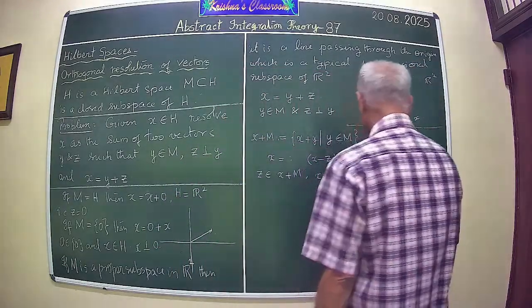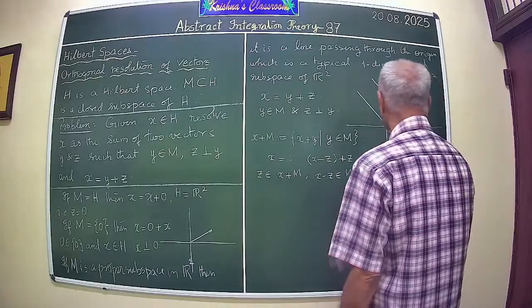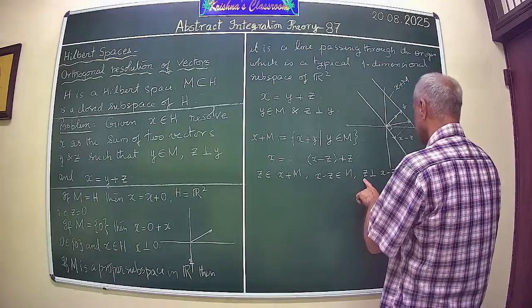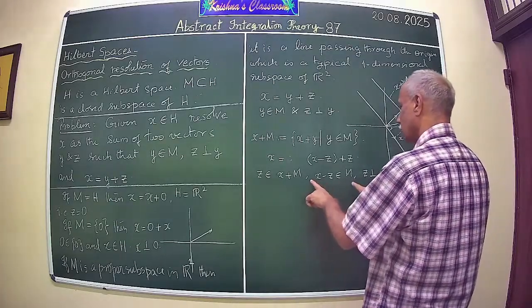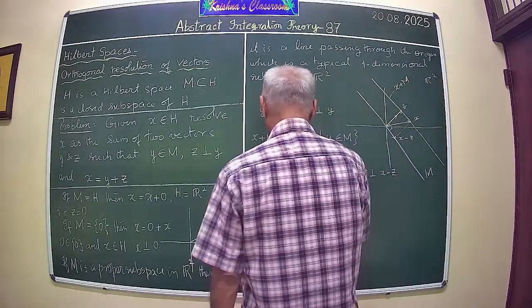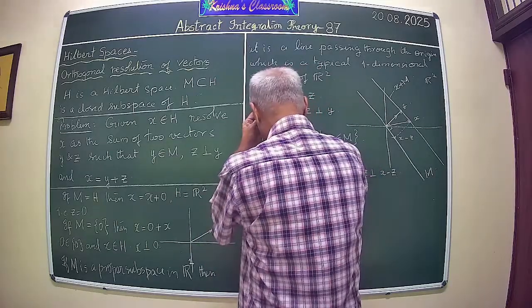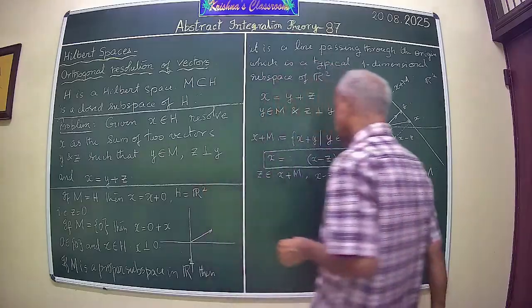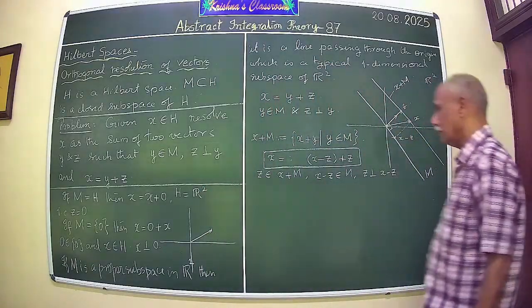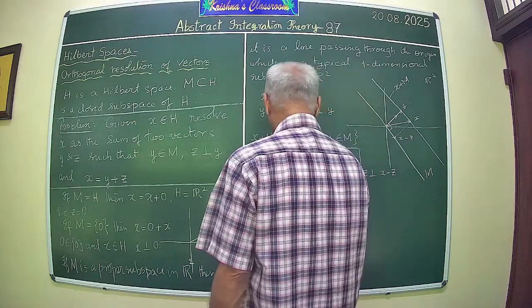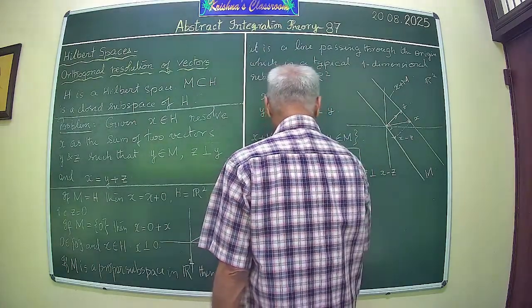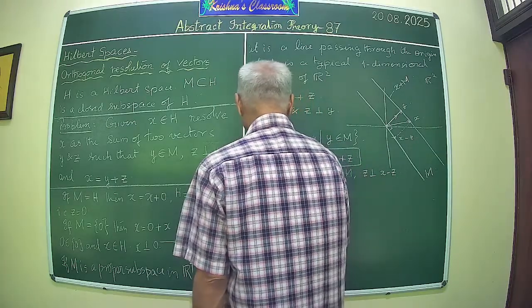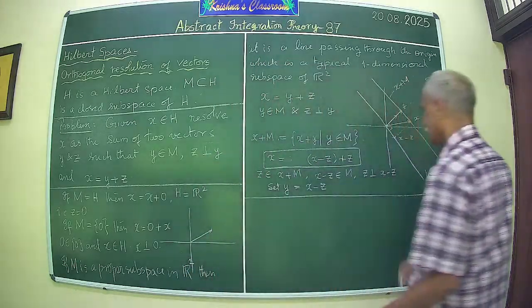So we want to determine the z such that z is orthogonal to x minus z, and their sum becomes x. This is the resolution that we are after, and we call x minus z as y. So this is the strategy.